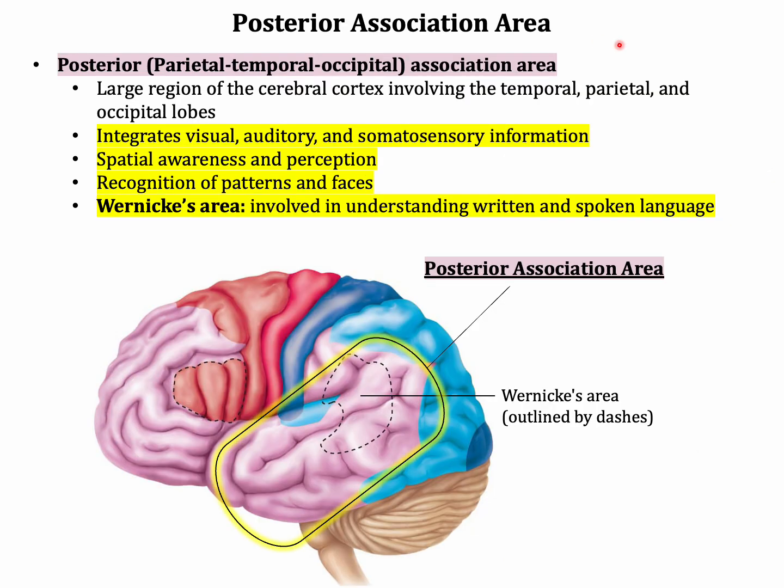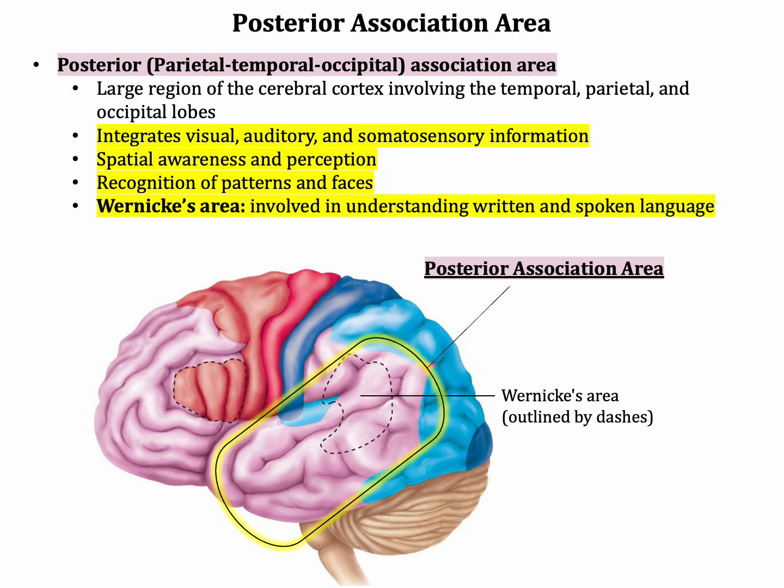The posterior association area involves the temporal, parietal, and occipital lobes. So it helps to integrate sensory information from those areas. So visual, auditory, and other somatosensory information, it brings it all together, right? This is an association area, so it connects it all. It's important for spatial awareness, perception, recognition of patterns, recognition of faces, right?